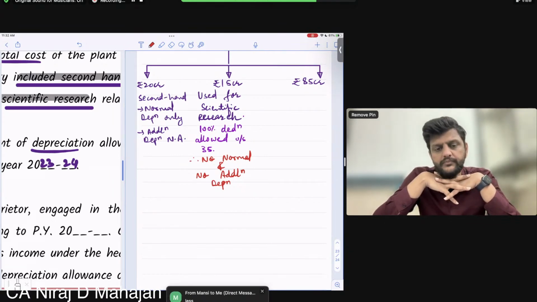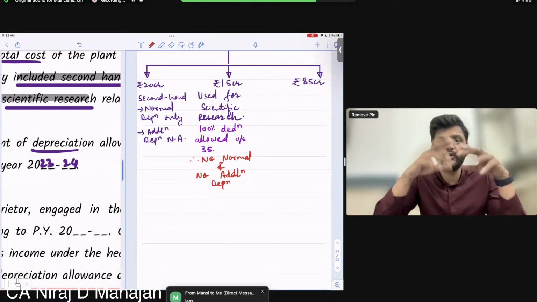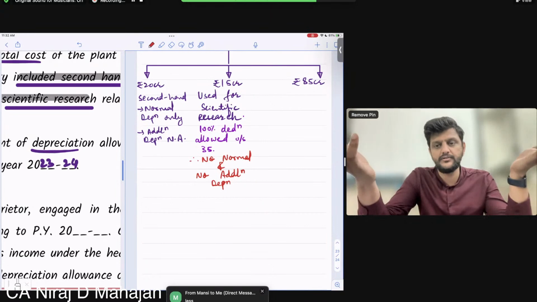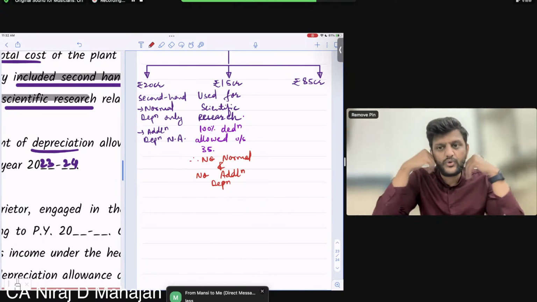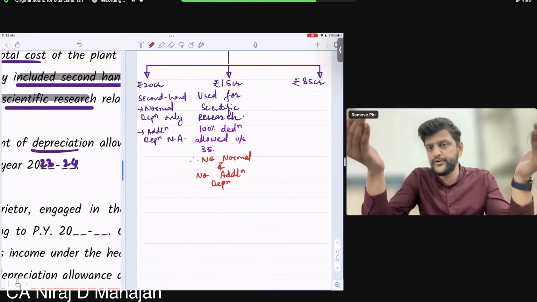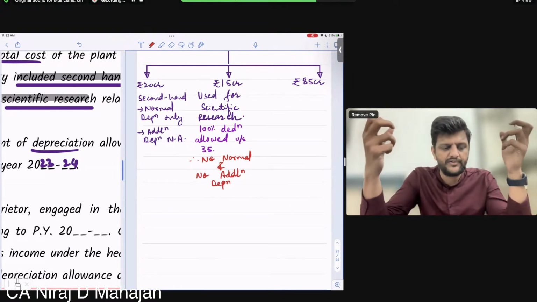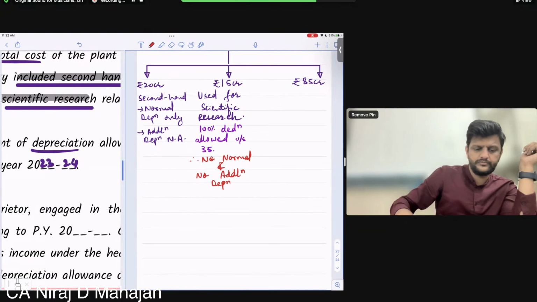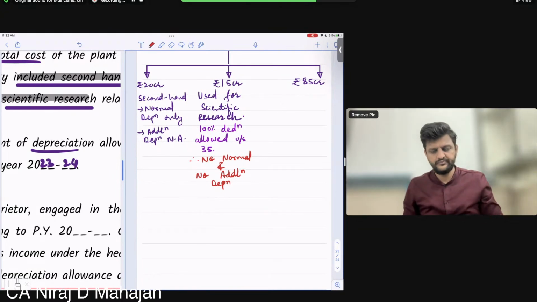Less. Very good, Mansi. Because that item is not debited to P&L, obviously, but it is allowed as a deduction. Yes or no? So we will reduce the net profit. The word itself is deduction. Clear? I'll go ahead, all of you. Fine?